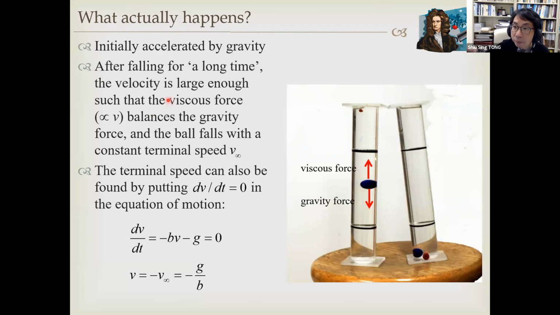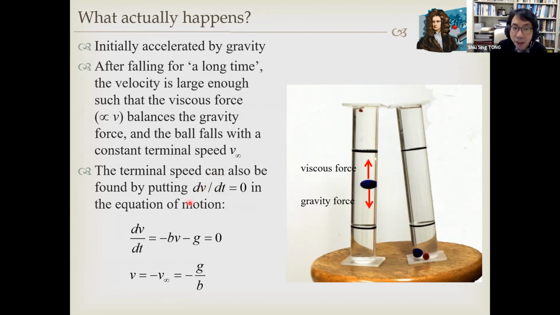But over time, the velocity increases. And so the viscous force acting on the ball also increases with time, because the viscous force is proportional to the velocity. And eventually, after falling a long time or a long distance, the viscous force just balances the force of gravity. And the acceleration of the ball will become zero because the force is balanced.